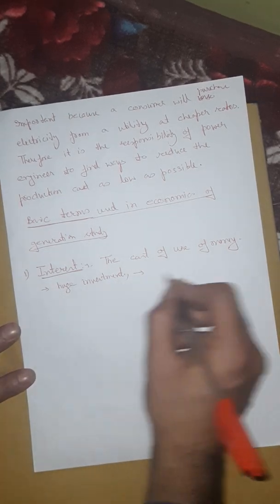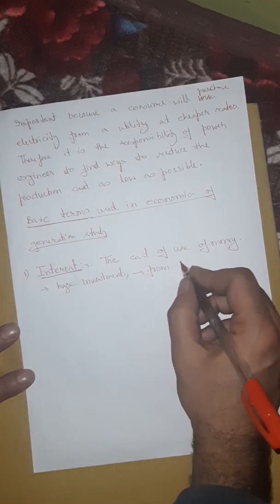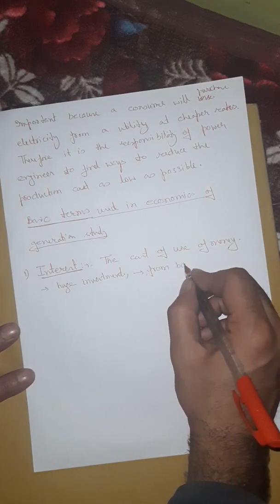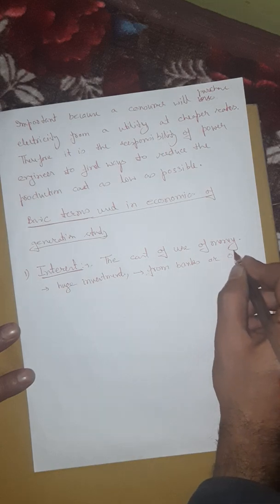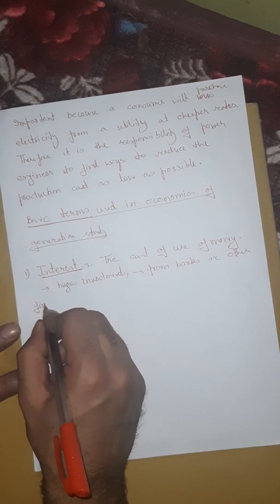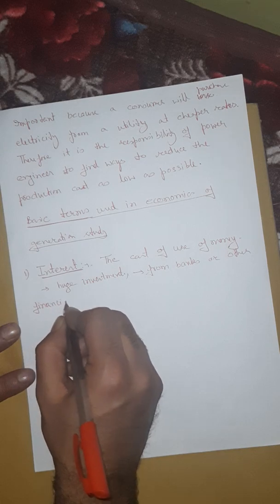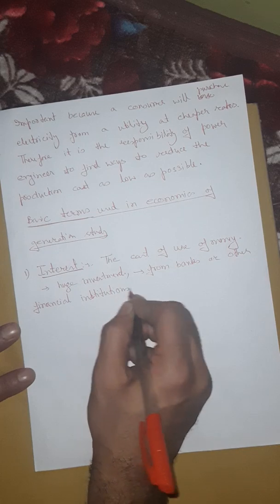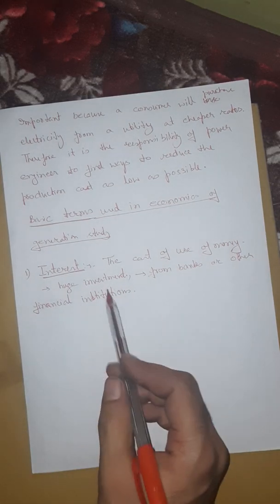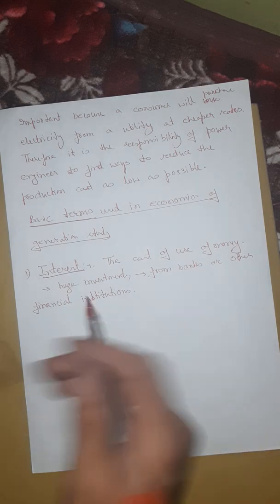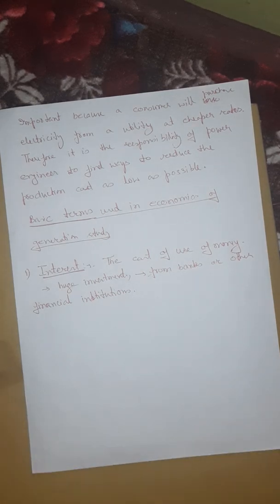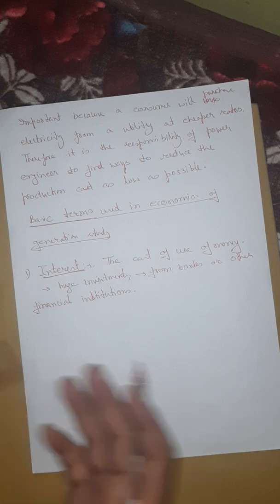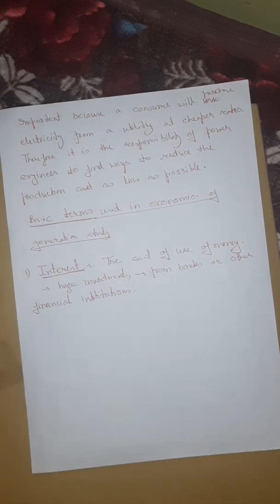So where is this investment coming from? Banks or other financial institutions. The huge investment required for constructing a power plant comes from banks and other financial institutions by borrowing money from them. Though these banks are giving money, they are charging some interest on that money.